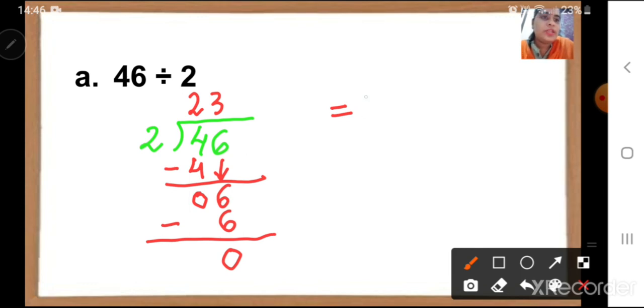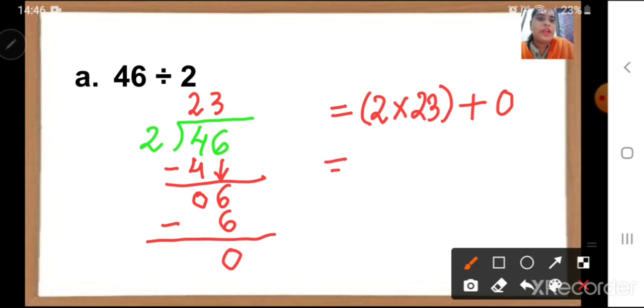Now children, look here. What is the formula? Divisor. What is the divisor here? Number 2. Multiplied by quotient. What is the quotient? 23. Plus remainder. What is remainder here? 0. Right? So first now we have to multiply 2 into 23.